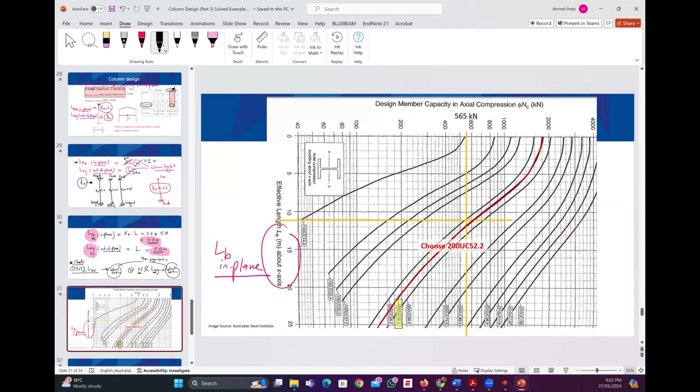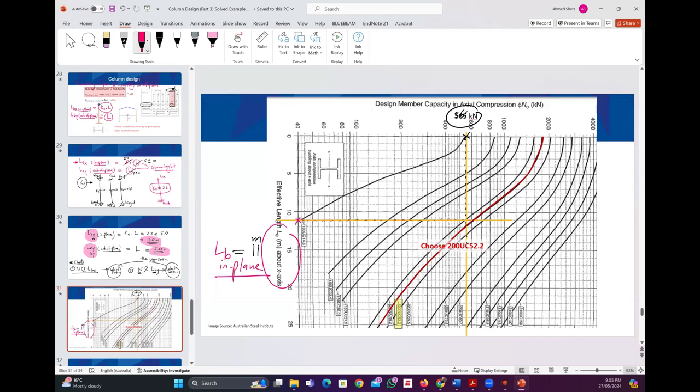So if you look here, how much was N? N was 565. So this is the value, and we enter the chart with this value. How much is L buckling in plane? 11 meters. So at 11, we go up with a line.